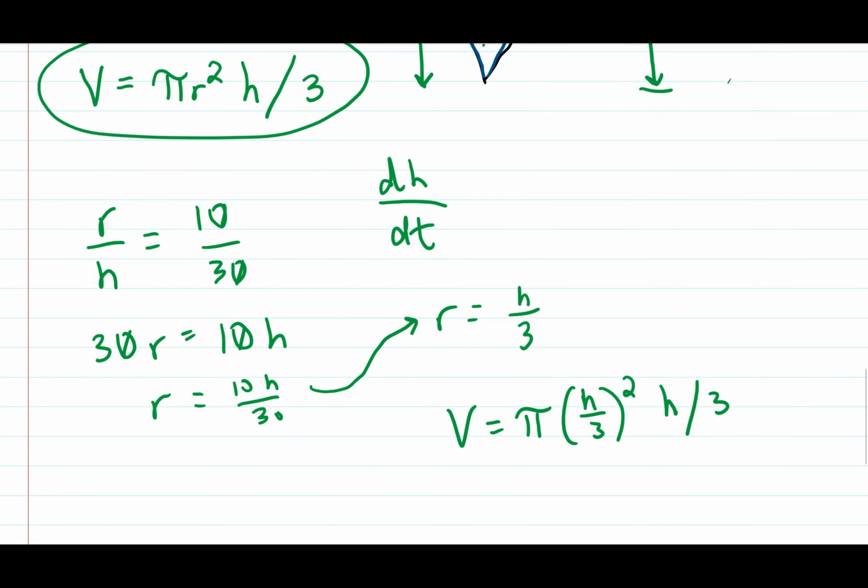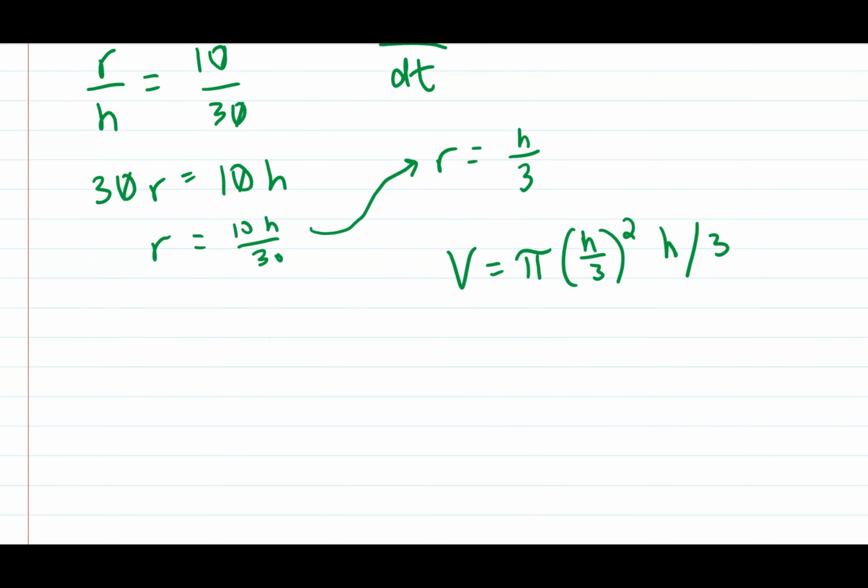Okay, so doing a little bit of playing around with it, we can write it so it looks a little bit better. Have H over 3 squared, H, that's all over 3.